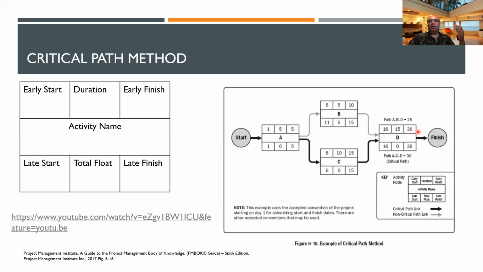If you did not do this and just added up the durations, you would say 10 plus 5, plus 15 is 30, and 35. But that's wrong. The right answer is that it will finish on the 30th day. You will have 30 working days, and then this activity will be finished.